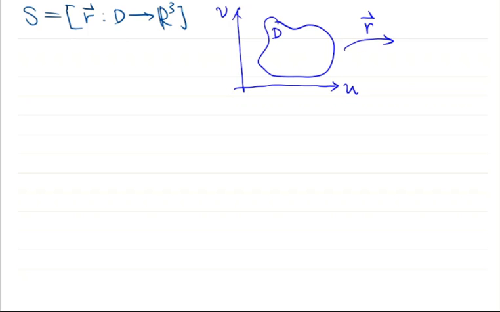Maybe I will draw it. Okay, so this is S. Now we take a partition of D. In fact, the partition does not quite make sense, since we only have partitions of a rectangle, but D is not a rectangle. We just draw some lines.